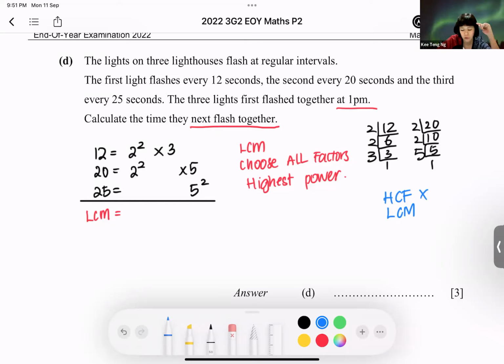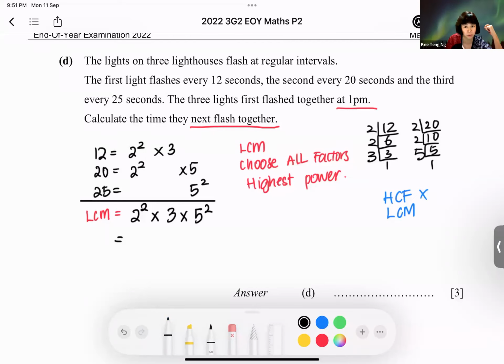To find the lowest common multiple, I must choose all my factors with the highest power. I have 2 squared and 2 squared, so I choose 2 squared. I must choose all the factors, so I must choose 3. And compared to 5 and 5 squared, I'll choose the one with the higher power, which is 5 squared.